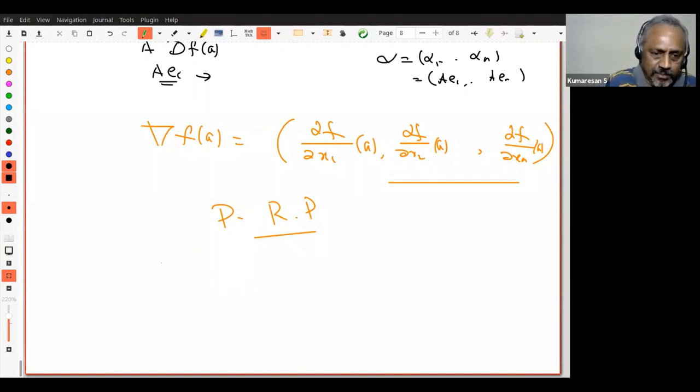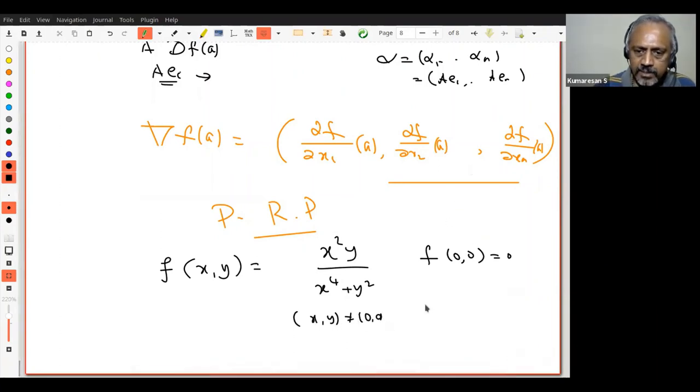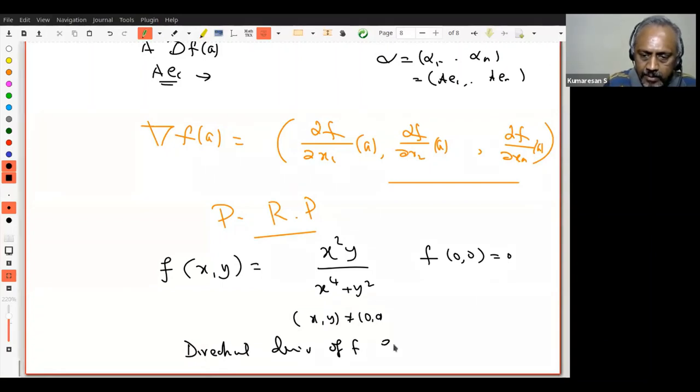Now let's look at the function. We had already seen this one essentially, when we talked about limit. Then we know this is not even continuous, but the directional derivatives, this is very easy, I leave it to you.